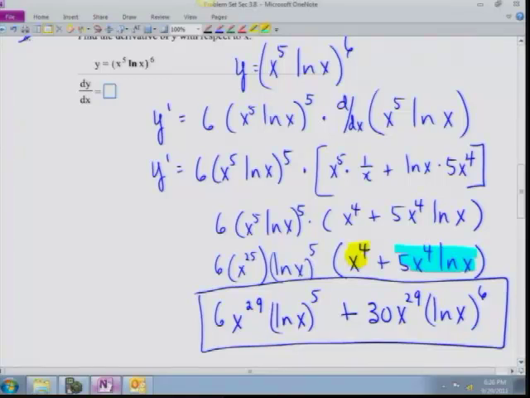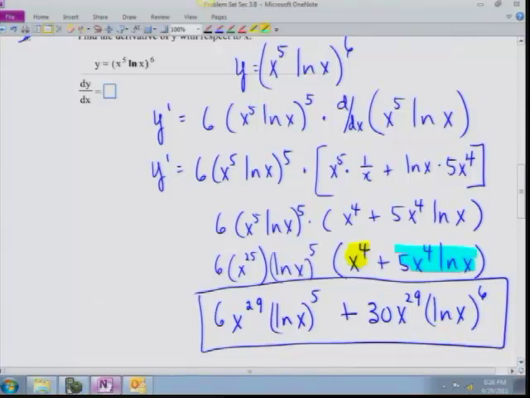I'll have to look at your work. It's the product rule, so you just take x to the 5th times the derivative of ln x, plus ln x times the derivative of x to the 5th. So that'll be 5x to the 4th in there. Wait, what happens to the x to the 4th? Well, the derivative of x to the 5th. I was just saying, so it'd be multiplying times 5x to the 4th at the end, right?